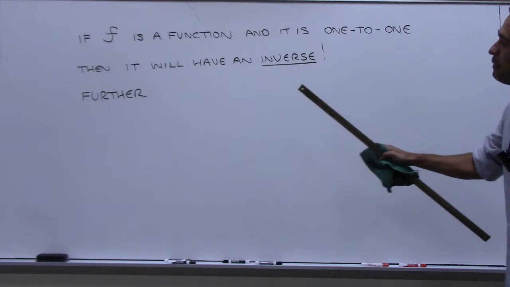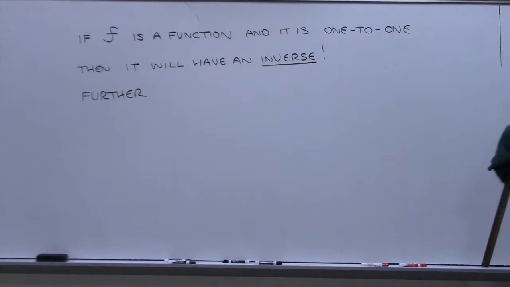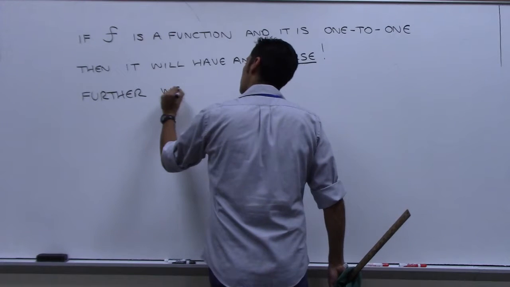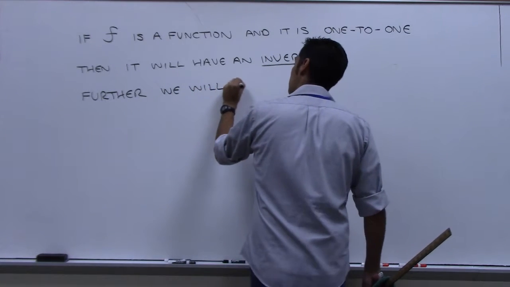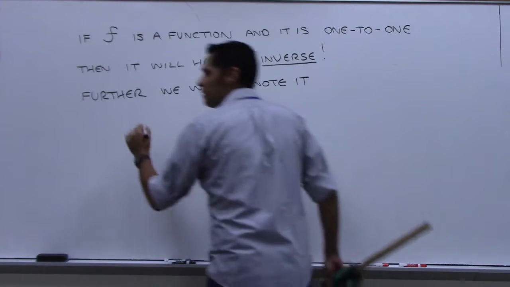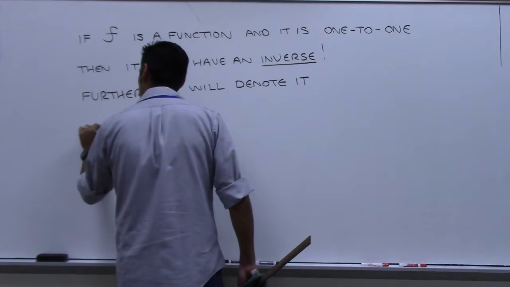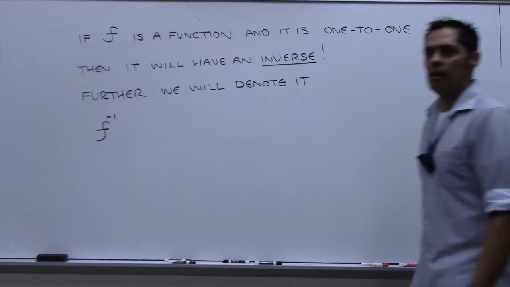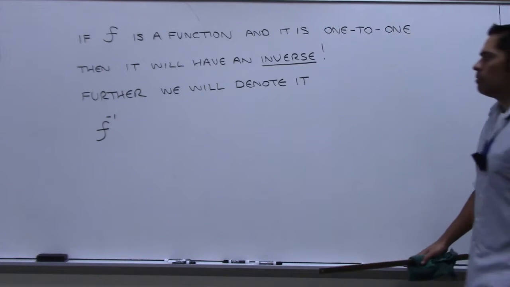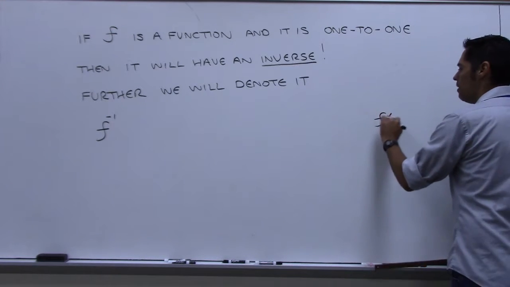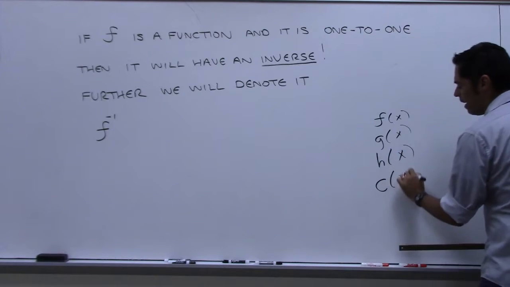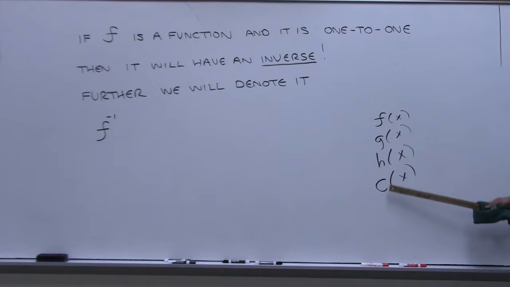All right, so if f is a function and it is one-to-one, then it will have an inverse. Further, we will denote it with the following notation: f with the little negative 1 up there. That's what we will call the inverse function. Remember that when we name functions, f of x, g of x, h of x, c of x, the letter out here is the name of the function.